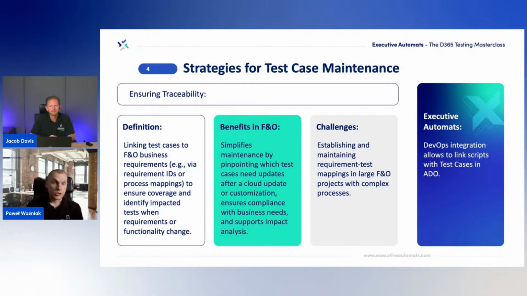Ensuring traceability might be, for instance, linking your test cases to business, to finance and operations business requirements. For every Dynamics 365 implementation, we create requirements, especially for the gaps, but also for the standard functionalities. We need to, during every implementation, list out how we will behave in the system, how we will work in the system, how we will change the system as well.